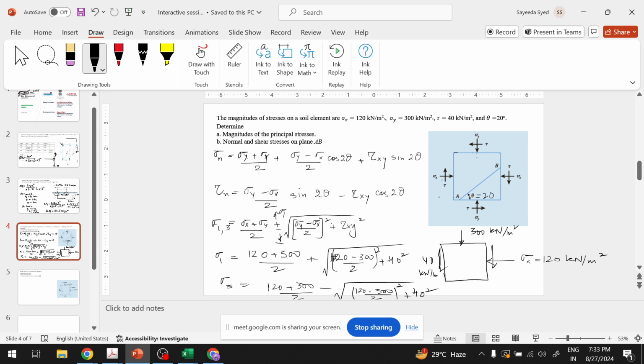Okay, it's actually minus 40 square, but it's the same thing because there is a square there.